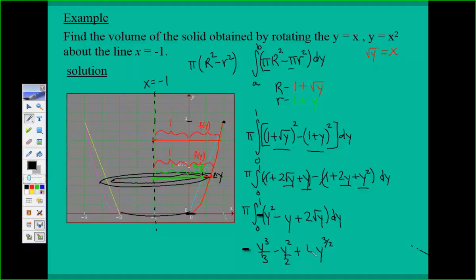So that would give us 4/3. And we're going to evaluate this from 0 to 1. And so we would have 1/3 minus 1/2 plus 4/3. And that's going to give us our volume. And so our volume ends up being pi over 2. And that would be units cubed.